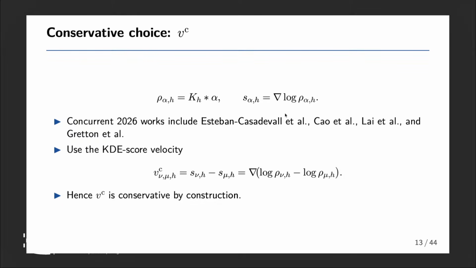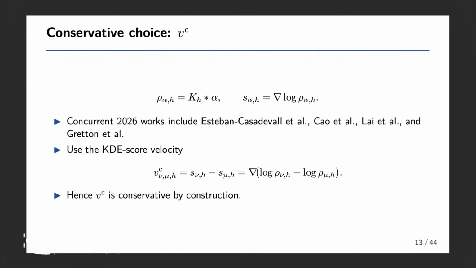So based on that, you just take the difference of the score with respect to nu and then the score with respect to mu, right? So this is what was proposed as another choice for this velocity field. And by definition, this is a conservative velocity field because it can be written as a gradient of a function.